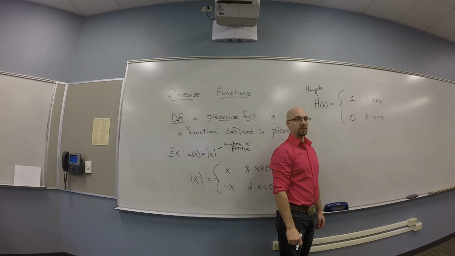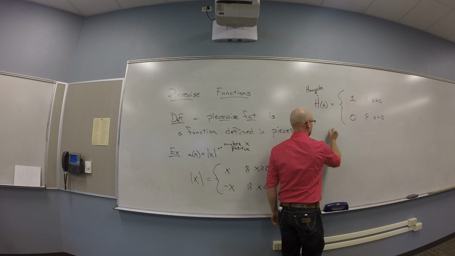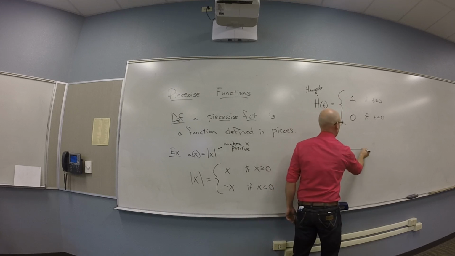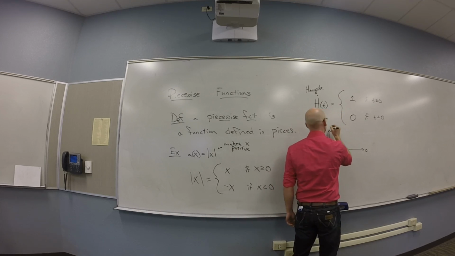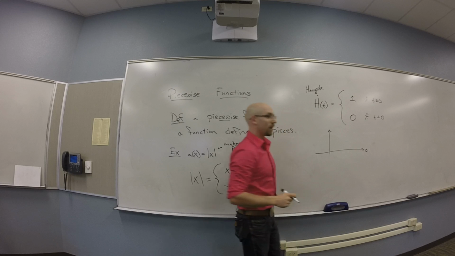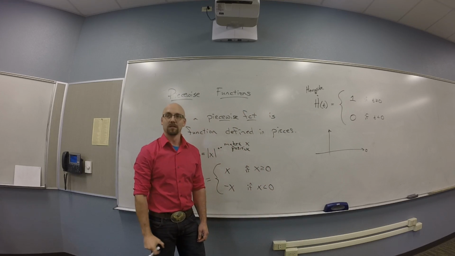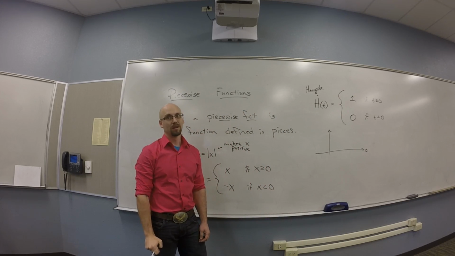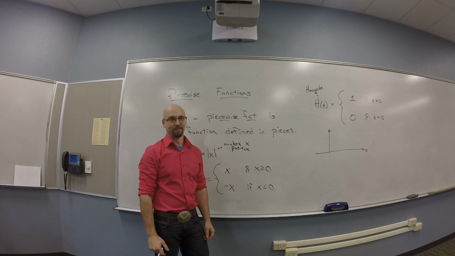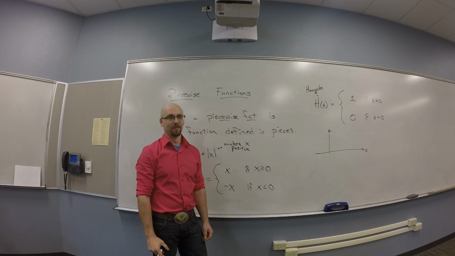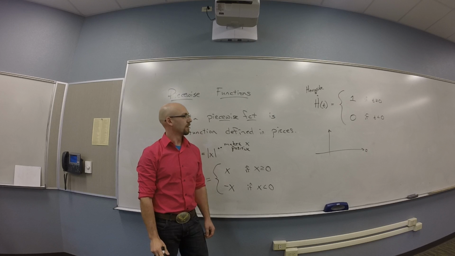You guys with me on this? So the thing I wanted to illustrate is the graph here. So if that's the t-axis, and that's the Heaviside axis, what does this thing look like?